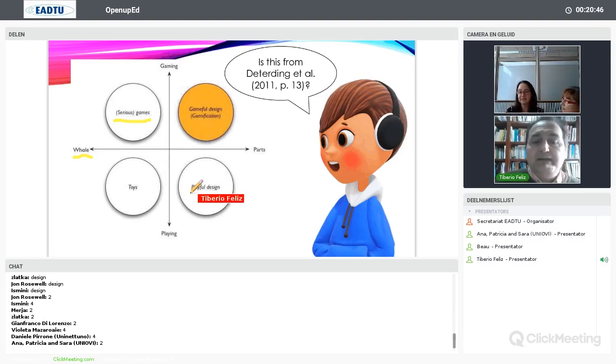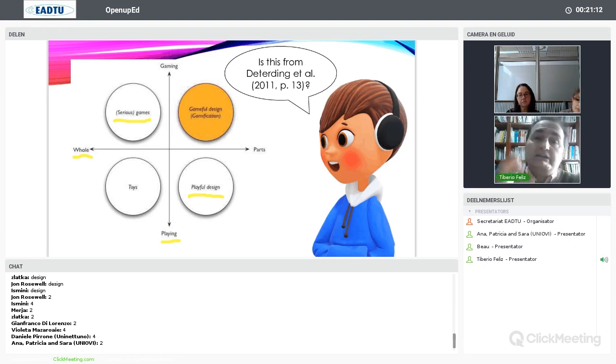By the way, playful design is not really gamification, because it's using playing, which is the difference between gaming and playing. It's an old difference. When we talk about gaming, we are talking about rules and goals.